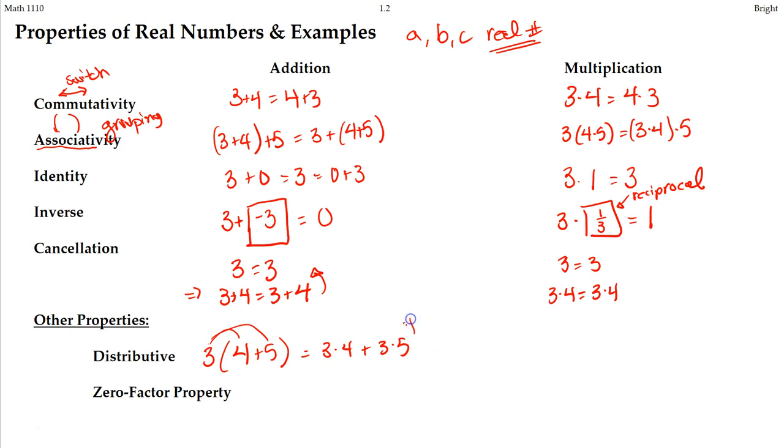This is true, but what students like to do is switch the operations. What I'm about to do is a no-go. If we have 3 plus the quantity 4 times 5, it is not true that we can distribute. Similarly, this is the more common one, so watch out for this one.